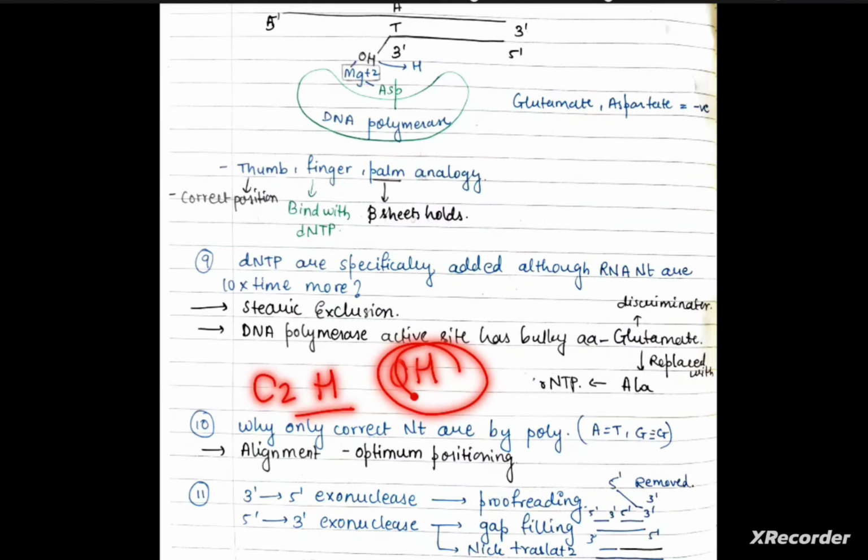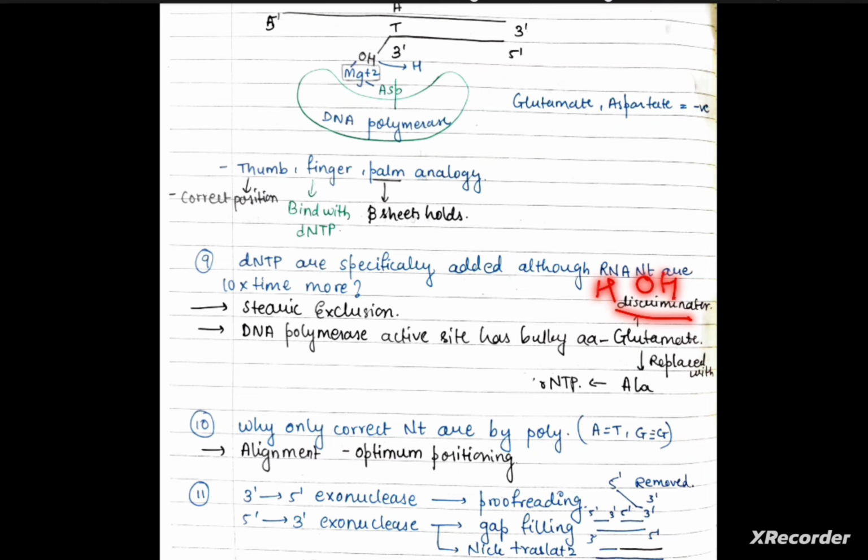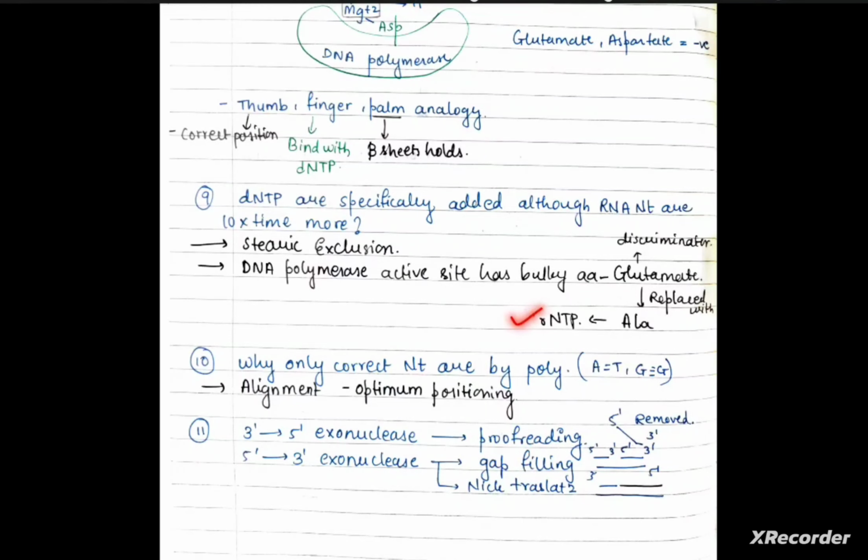So this one extra oxygen can cause steric hindrance, and using the same exact difference, there is steric exclusion that is used by DNA polymerase. And DNA polymerase active site has bulky amino acids like glutamate or, as I said, aspartate. So it has this ability to discriminate between that OH and H. Now if you mutate this particular active site, and if you change this glutamate to alanine, which is a smaller, not bulky amino acid, then it won't be able to differentiate between dNTP and rNTP. That time it can make this mistake.